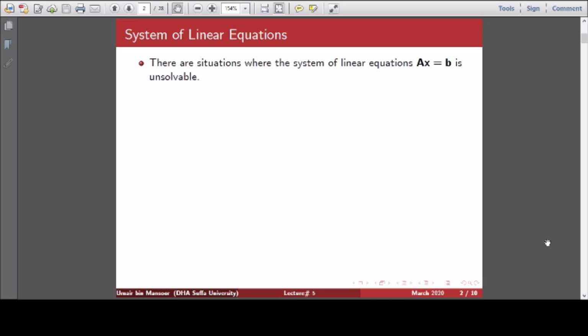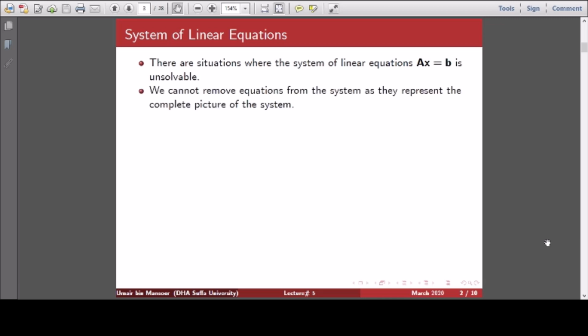So we are going to discuss situations where the system is unsolvable or where it is not easy to solve.